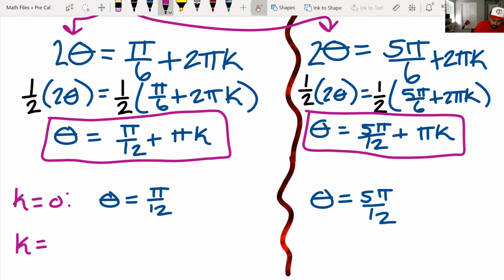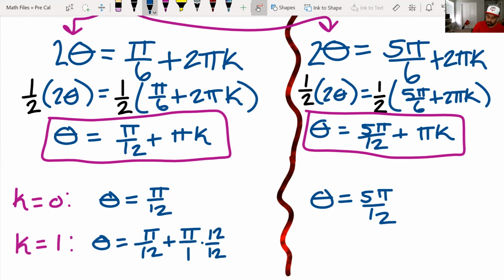K equals 1. This means we would have theta equal to pi over 12 plus pi. Put pi over 1, common denominator of 12, and we get pi over 12 plus 12 pi over 12, so 13 pi over 12.